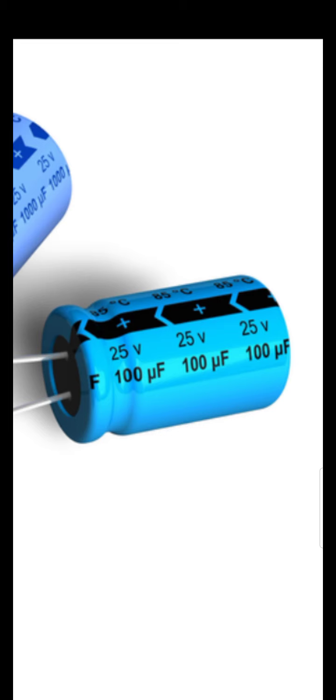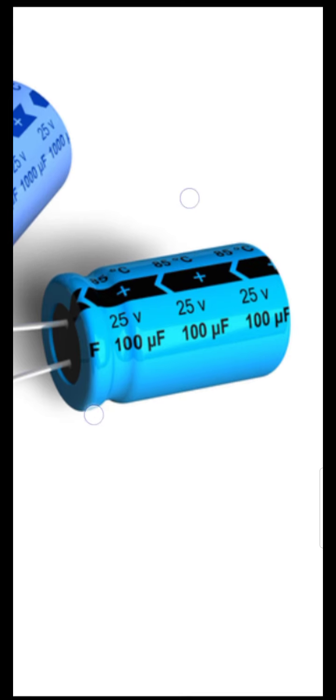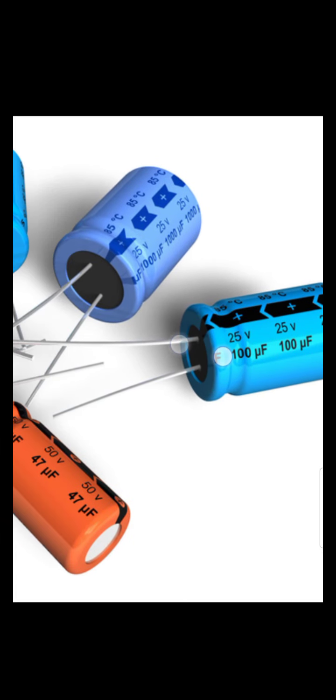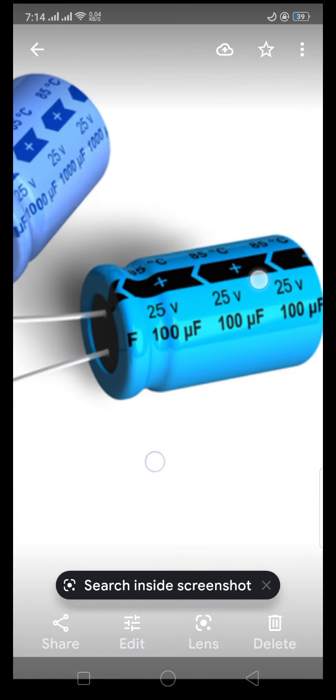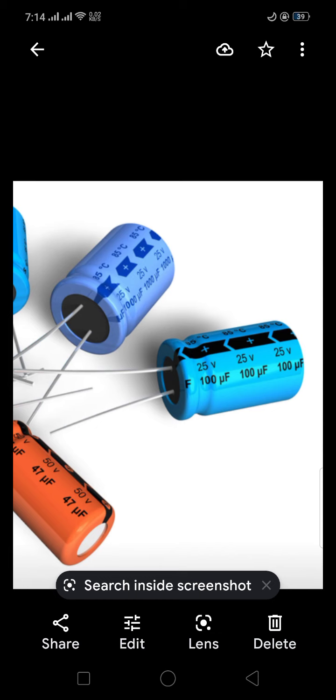Capacitance is the magnitude of the capacitor. This capacitor has a capacitance of 100 microfarad; its magnitude is 100.